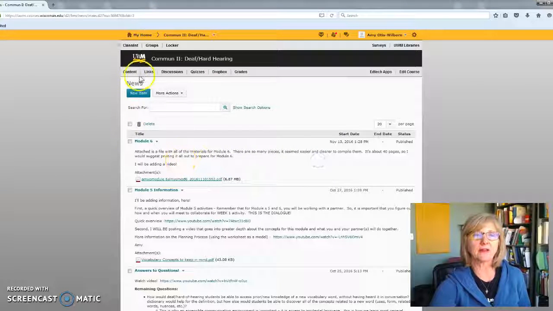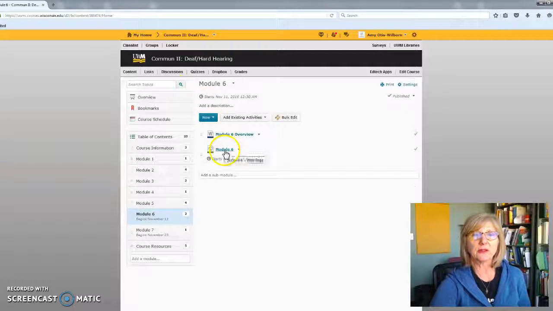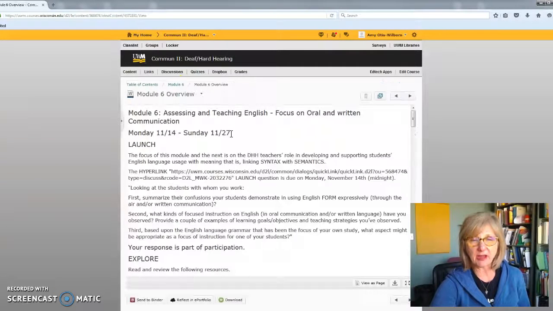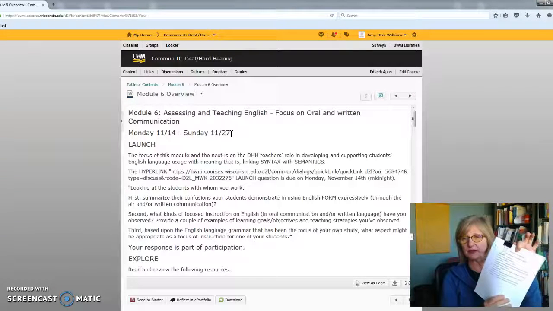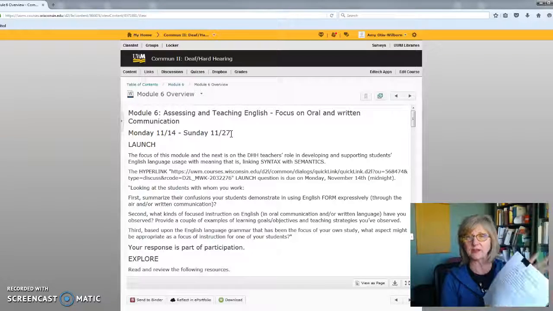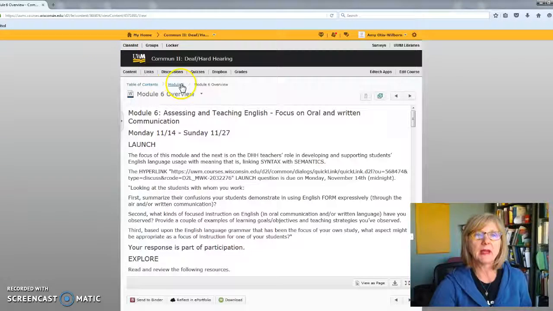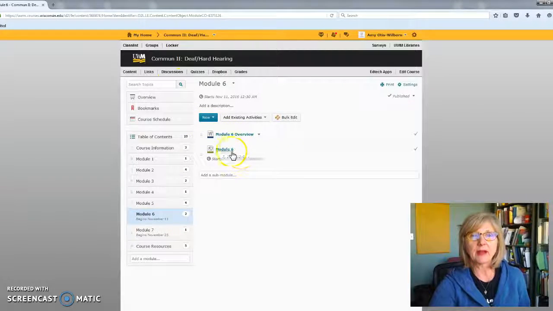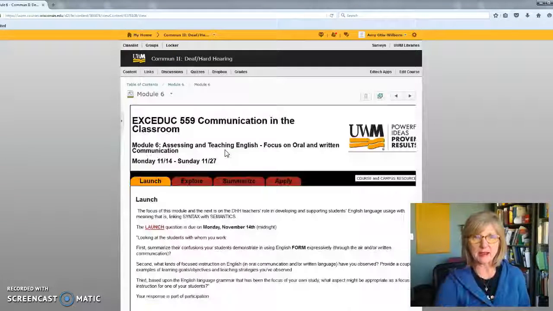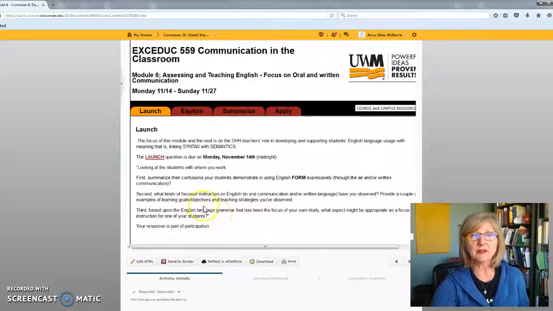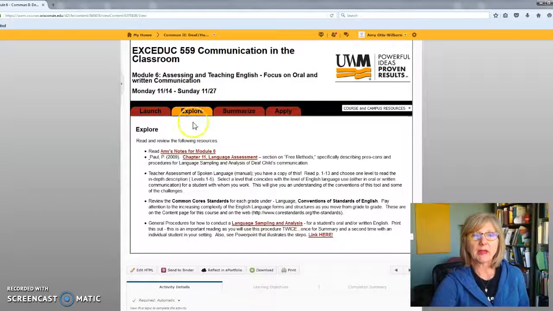Well, let me start here first. Let me go to Content, and just so you see that Module 6, I do have the overview, but that's also included in this. So if you print this out, you'll have the overview. I also have the same setup. So you have a launch question. You have everything here for Explore, Amy's notes.